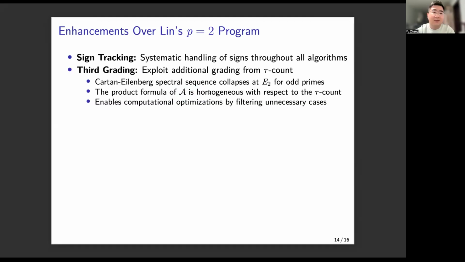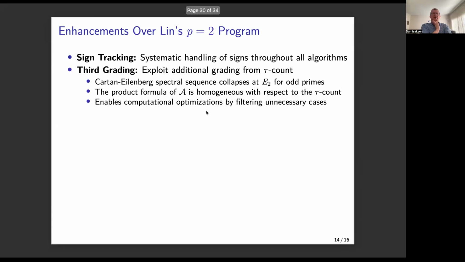And the benefit of having this extra grading is that it can eliminate some redundant computations. Sometimes during this computation process, we know a priori that some result will not only land in some bad degree, but we also know it will land in some specific tri-degree. And in that case, we could eliminate some redundant computations.